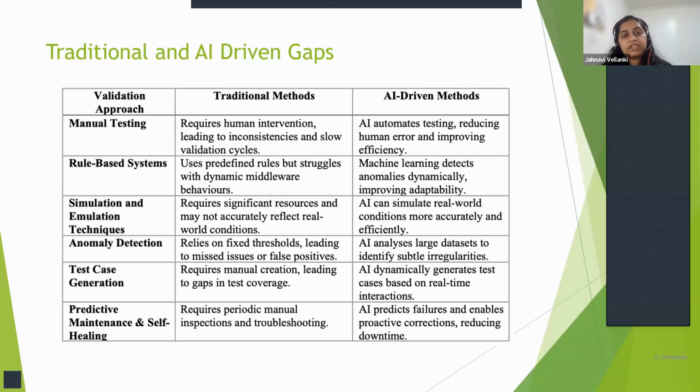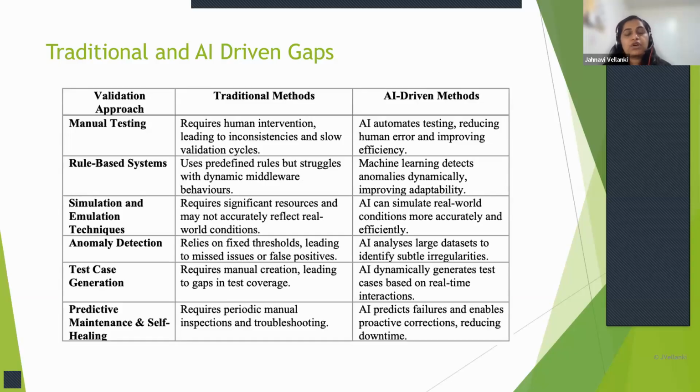Predictive maintenance and self-healing, the traditional methods require periodic and manual inspections. Well, AI also requires periodic intervention and periodic inspections, but it predicts the failures and enables proactive corrections, thus reducing the downtime.